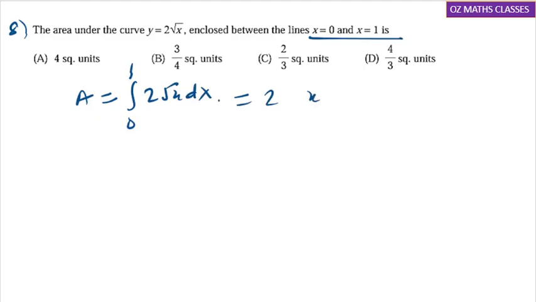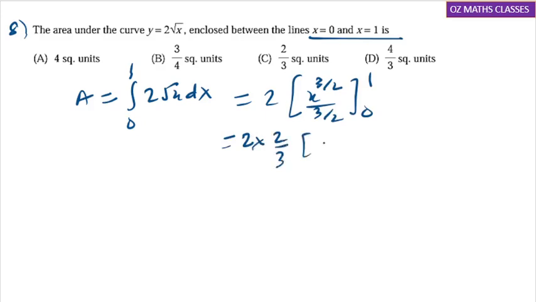So 2 outside, and the integration of root x will be x power 3 by 2 upon 3 by 2, from 0 to 1. So 2 into, and take this number in the numerator, 2 by 3, and 1 power 3 by 2 minus 0 power 3 by 2. So 4 by 3. The answer is 4 by 3, given in option D.